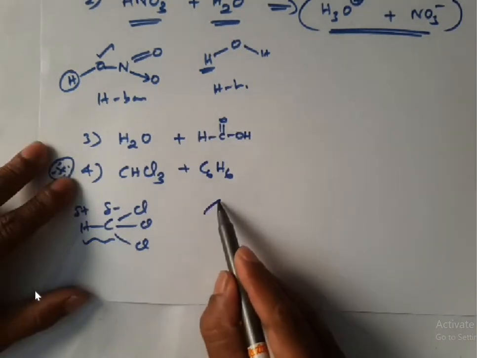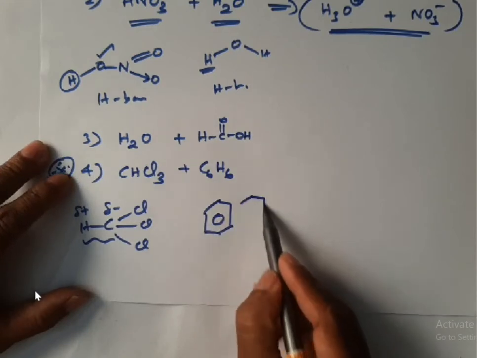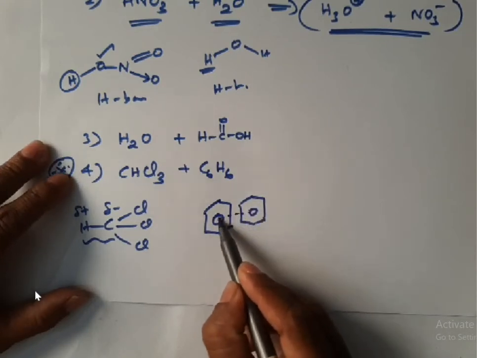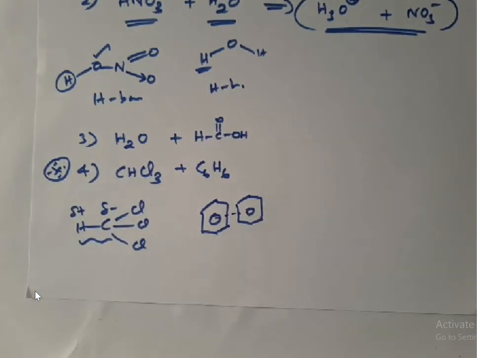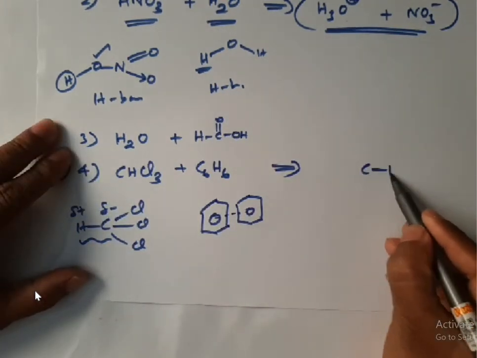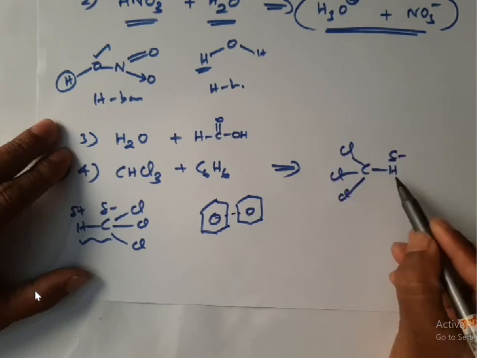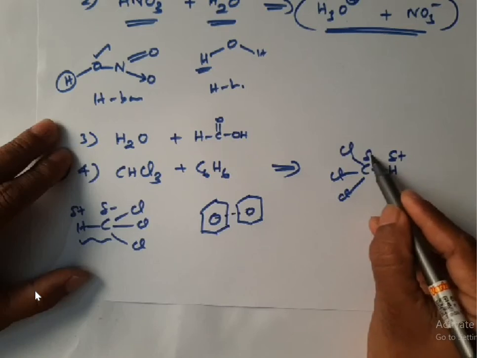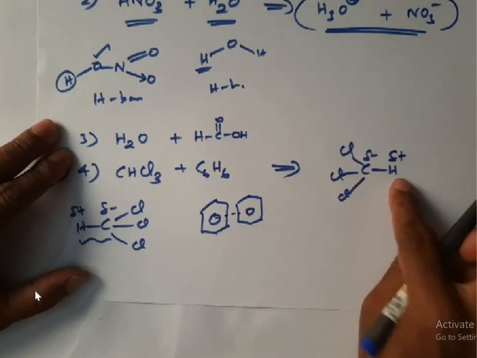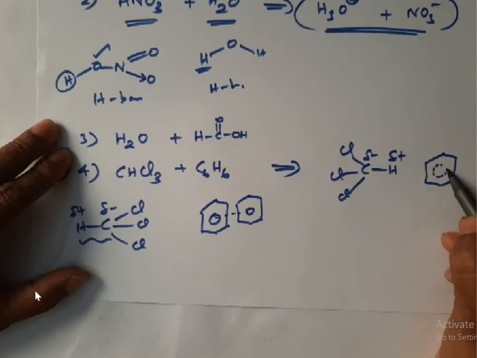In benzene we have a pi electron cloud, so between one benzene and another benzene there is pi repulsion. But the moment you mix these two, what will happen? The positive end of the chloroform molecule is attracted by the pi electronic charge of benzene. There is an attraction between these two.